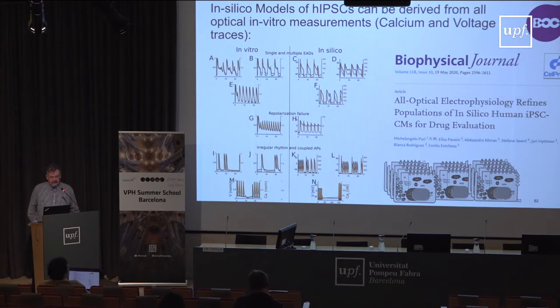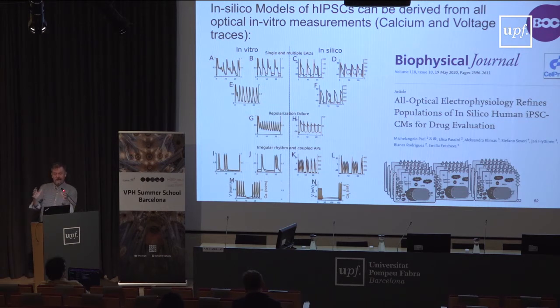But lately, to wrap up, what we have done is that we have used optical data, not electrophysiological data from electrodes, but optical data from calcium and from the electrophysiological optical data, and tuned these populations based on that. So we can have the population, and we can tune the population so that it matches certain data in vitro.